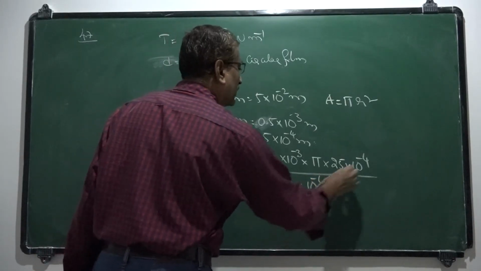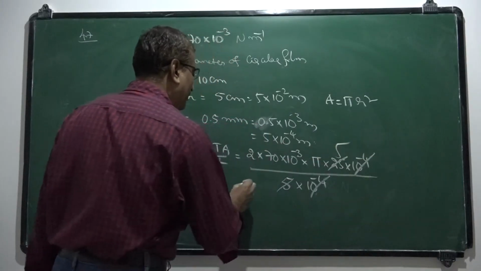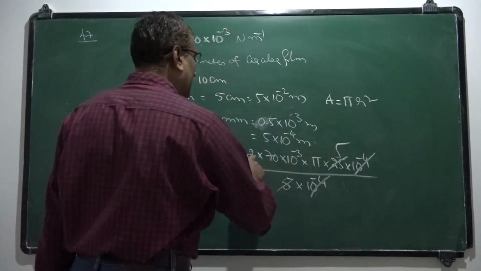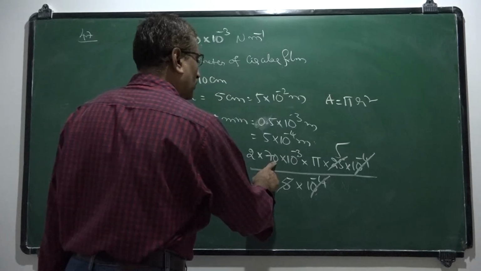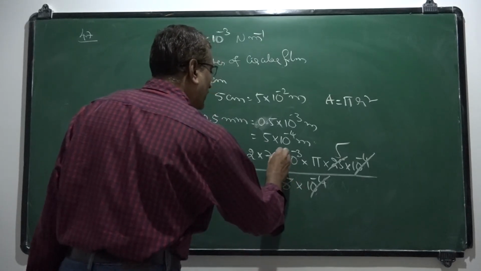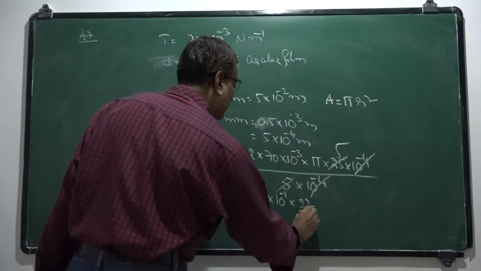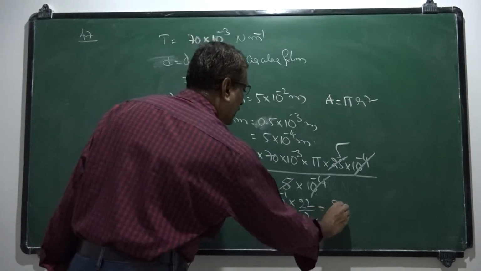Now these two will get cancelled, this also will get cancelled, 5, that is 10, that is 7 into 10 power minus 1 into 22 by 7. The 7 also gets cancelled, so 2.2 Newton.